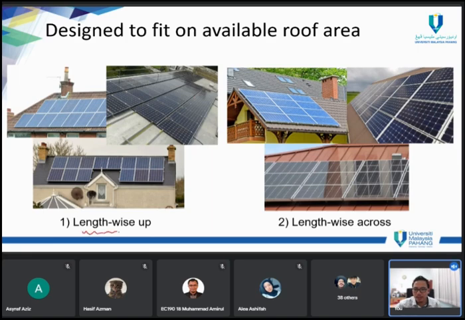So this is the example of lengthwise up. Maybe the size of the roof is just nice, so they can arrange two strings. It looks like two strings there. But this one also looks like two strings, but like I told you, it doesn't mean it is 100% confirmed that it's all connected in parallel.